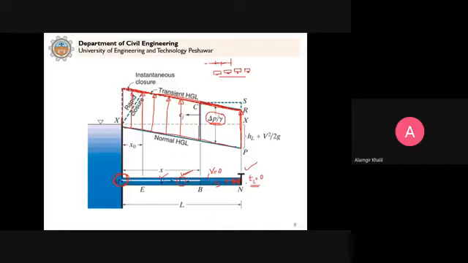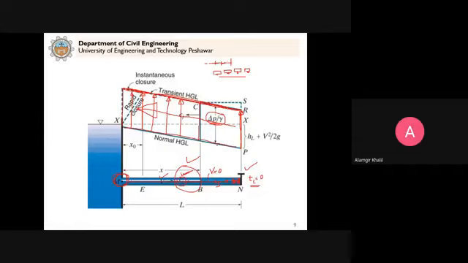It means that at time t equal to 0, we close the valve. The pressure increases at the valve, and then that increase in pressure travels upstream all the way to the reservoir. How? Due to this pressure wave that sets up, it travels, and as it travels all the way to here, it will bring this increase in pressure for all the points in the pipe.